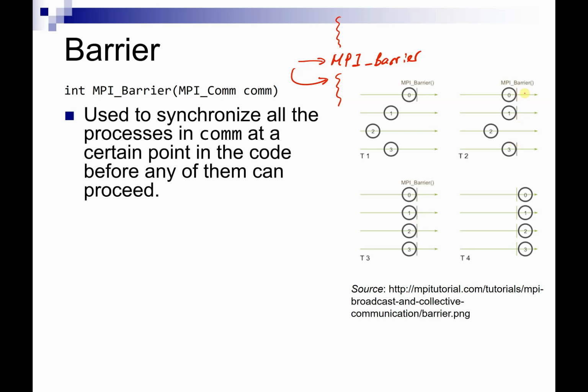They're not going to do any code that goes past the barrier. They're going to wait at this barrier operation until all of the processes have hit the barrier. And then after that, they're allowed to go past the barrier and do the operations after the barrier. So this is a way for all of the processes to synchronize with each other.